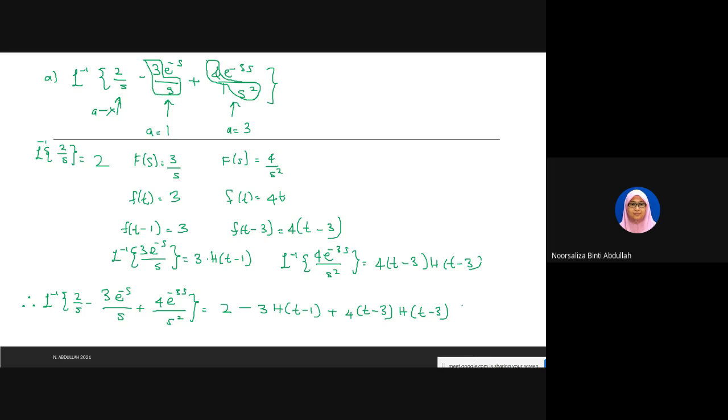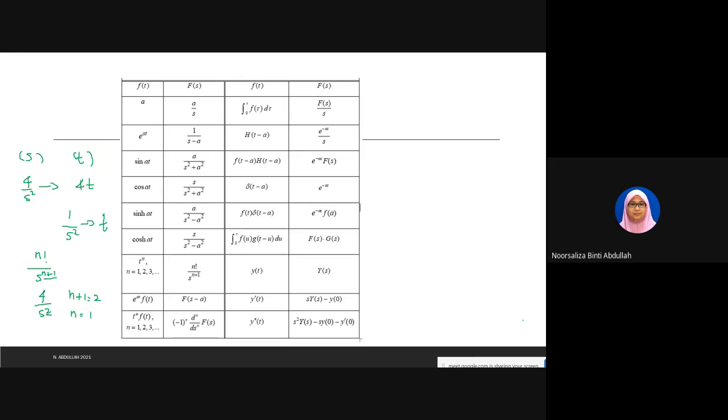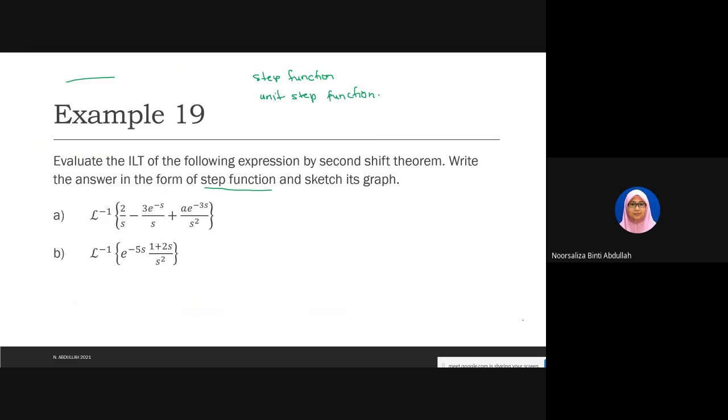So what is this actually? This is the unit step function. The answer that you get is in unit step function form. You have to change the unit step to step function because the question states to write the answer in the form of step function.